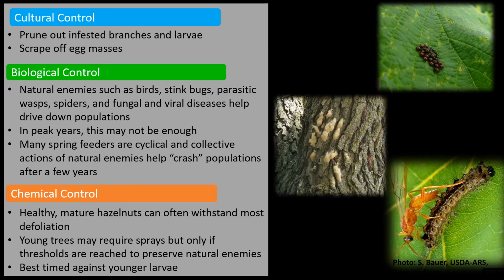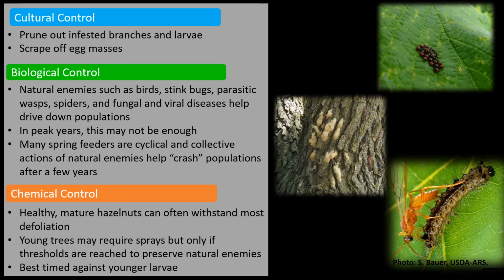Natural enemy populations such as birds, stink bugs, parasites, and a number of diseases can also really help drive down populations of these spring-feeding caterpillars. They can be very active when the populations are very, very low, but when you have a boom population of spring feeders, they may not be sufficient to bring populations down, in which case treatment may be required.